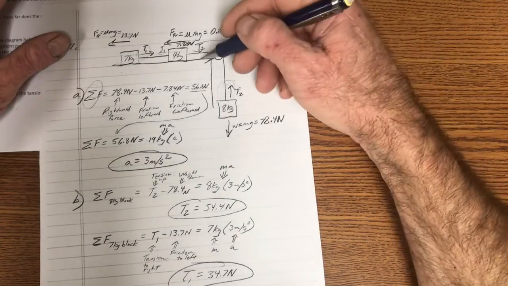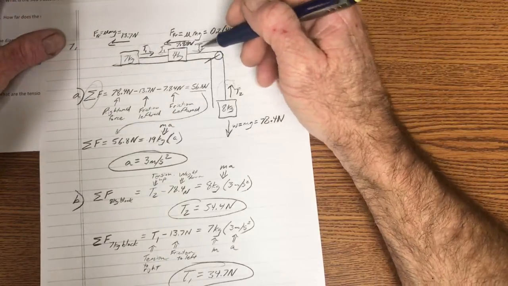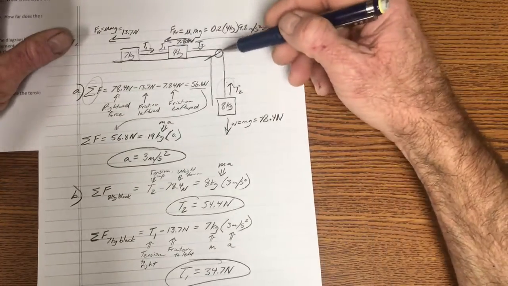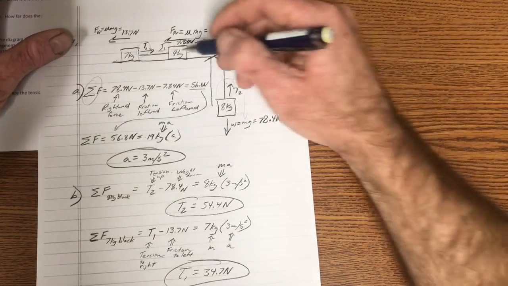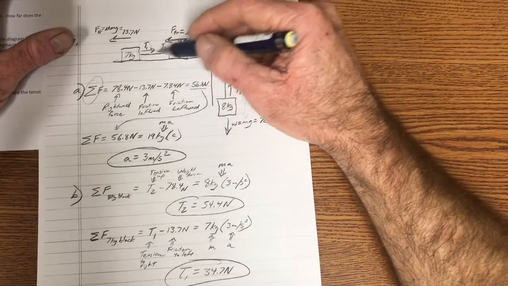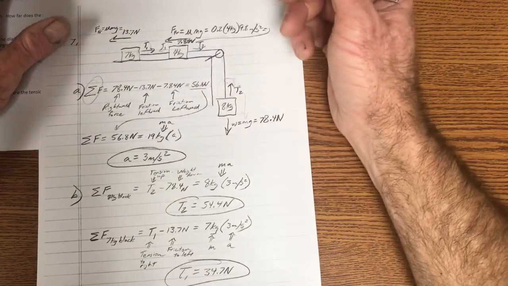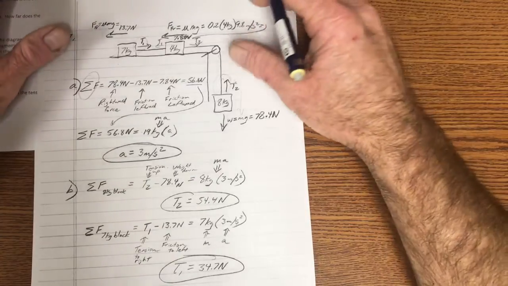So if you don't have any motion in the first place, you're not going to have any friction. So to decide which way the friction goes, you've got to decide which way things are being moved. And it's pretty obvious. This is hanging off the edge. Weight's going to pull this down. If these two objects can move, they're going to move to the right. Now, if the friction's strong enough, they won't move to the right. But we can figure out if it's strong enough.